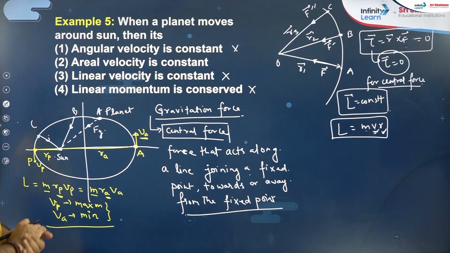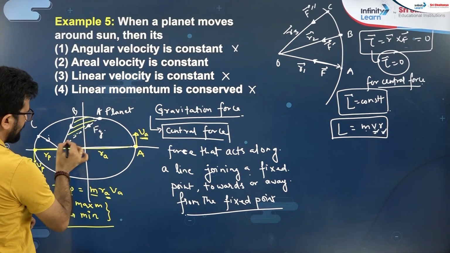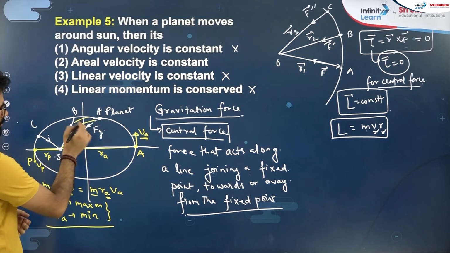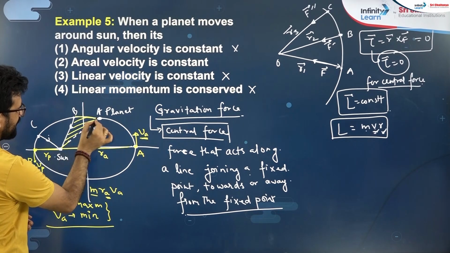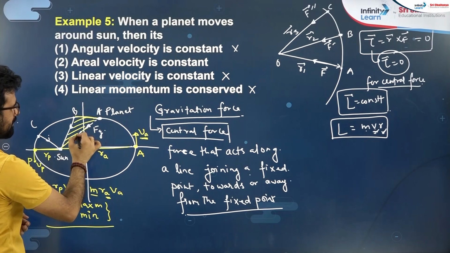Okay. Now one more thing is remaining. What is the aerial velocity? How can we understand what the aerial velocity is? For aerial velocity, we can take a very small portion of this path. I am taking a very small portion here. Suppose this is a very small distance, r here to here.